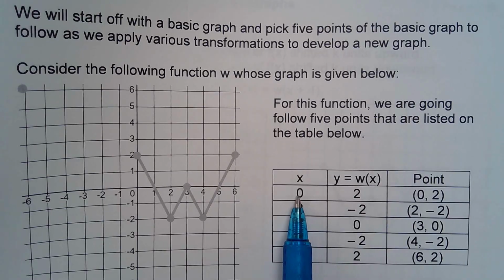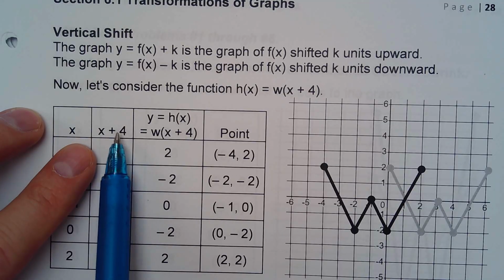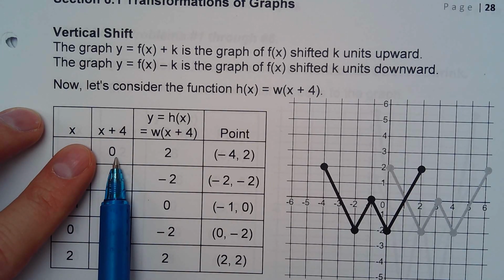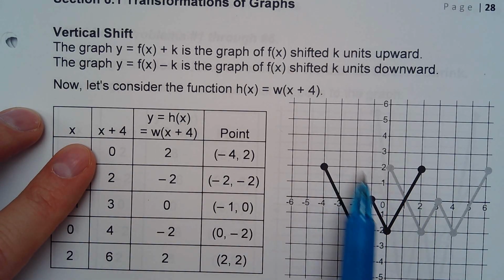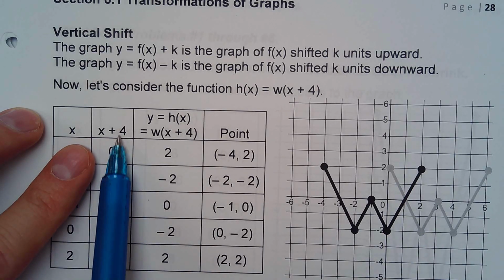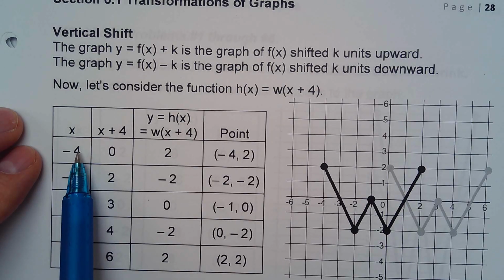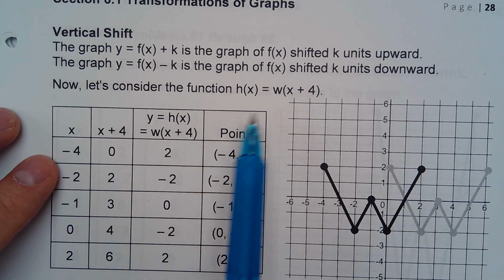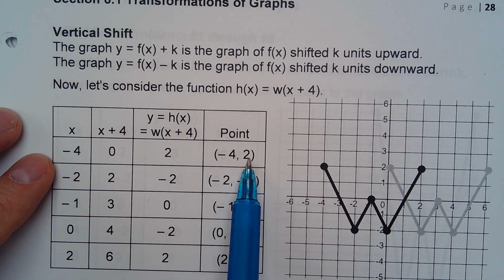I have to get that x value up to 4. In other words, x plus 4 has to be equal to 0 in order for it to pick up on that original w function. If I solve this for x, I'd have to subtract 4 from both sides. So on this new function, the point's going to be (-4, 2).